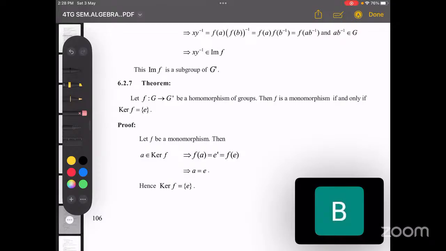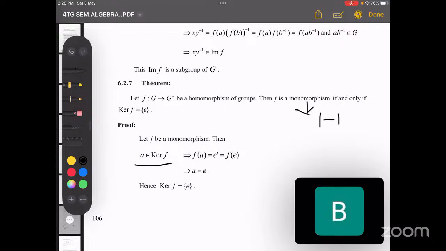That is, it is satisfying the condition of a one-one function if and only if curl F is equal to E. Mono means what? One-one will be there. So we are defining this one. Let F be a monomorphism. Then we take one element A belongs to curl F such that F of A is equal to E dash.